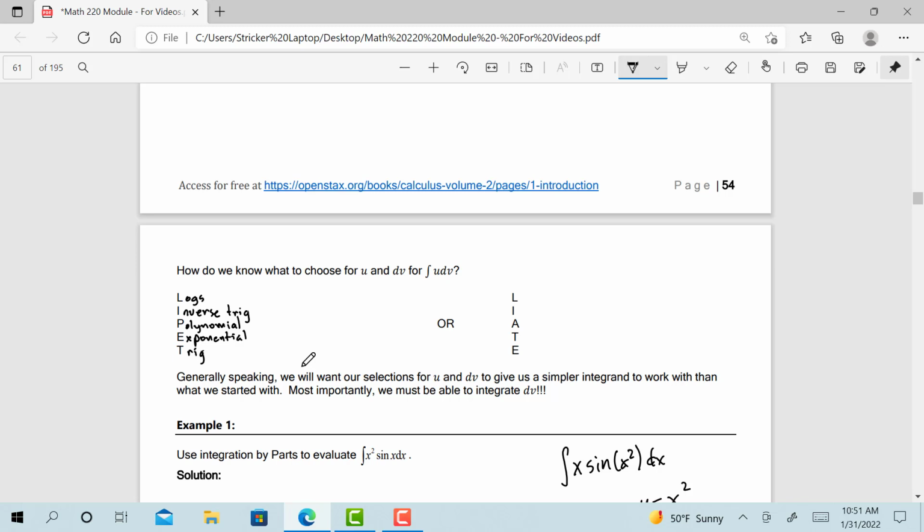Generally speaking, we want our selections for u and dv to give us a simpler integrand to work with than the one we started with. So moving down from top to bottom, we're going to let u be the first type of function we see.